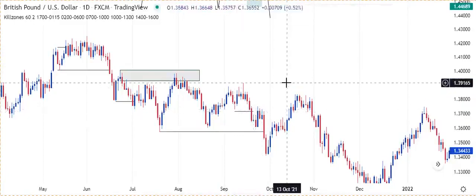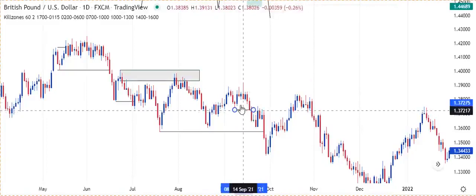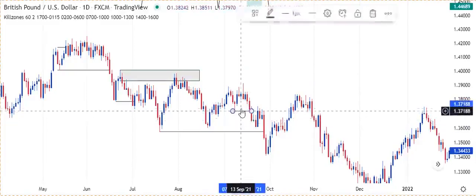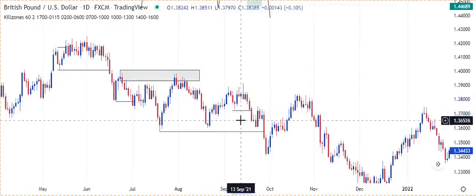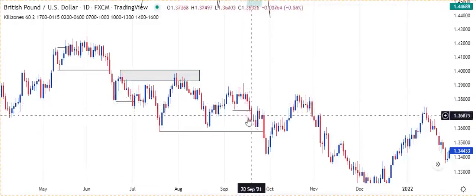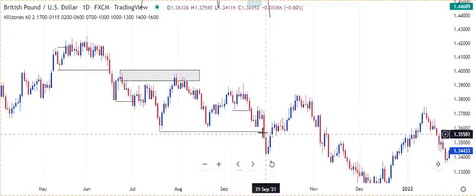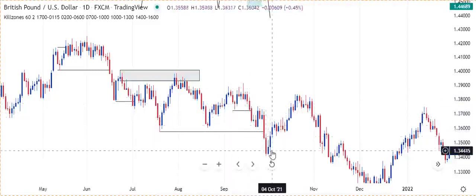If you don't understand what we mean by internal and external range liquidity, you need to go to our playlist to learn about that. So that is internal liquidity, where the structure was broken internally, and this is the external, the major liquidity, the major structure that was broken.